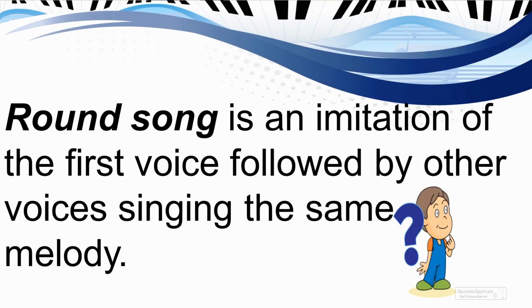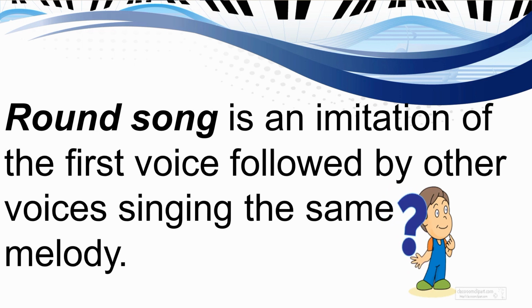So again, what is a round song? It is an imitation of the first voice followed by other voices singing the same melody. Usually, in the elementary grades, the children really love to sing or perform a round song.